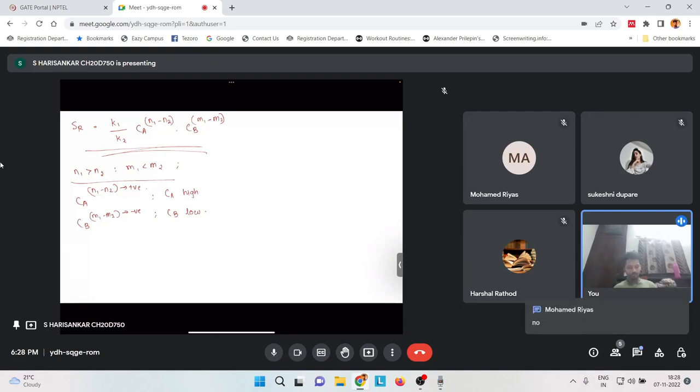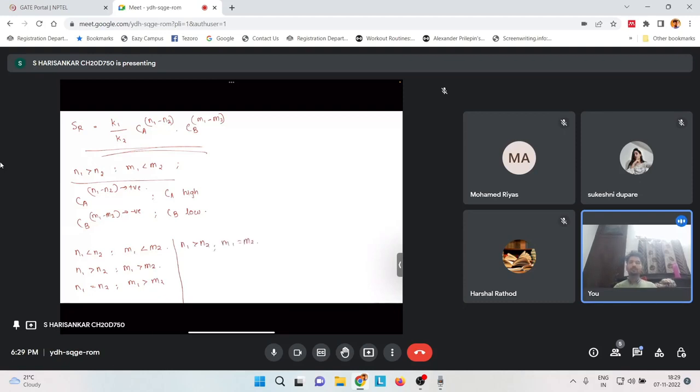And of course, you can have much more cases like this: N1 less than N2, M1 less than M2, or N1 greater than N2, M1 also greater than M2, or both are equal, N1 equal to N2, M1 greater than M2, then N1 greater than N2, M1 equal to M2.